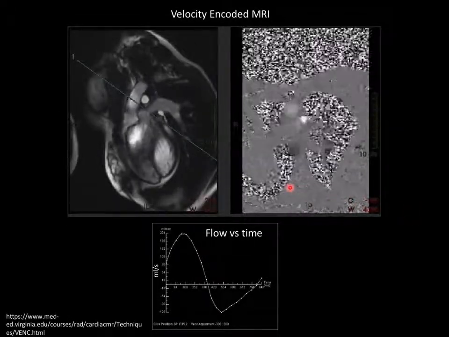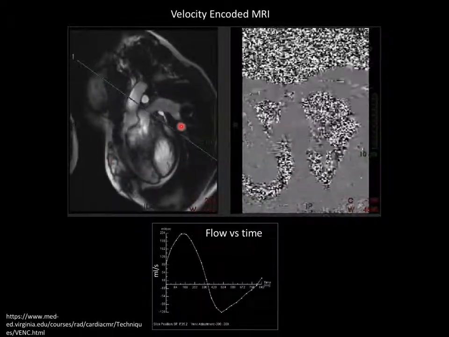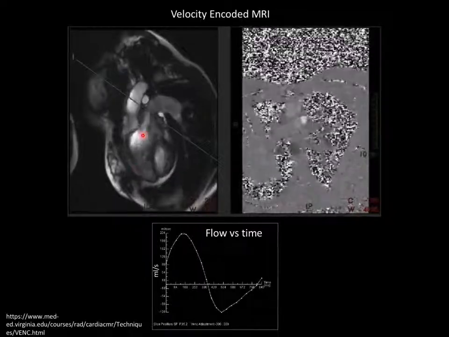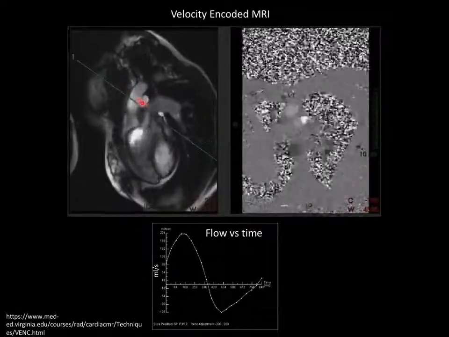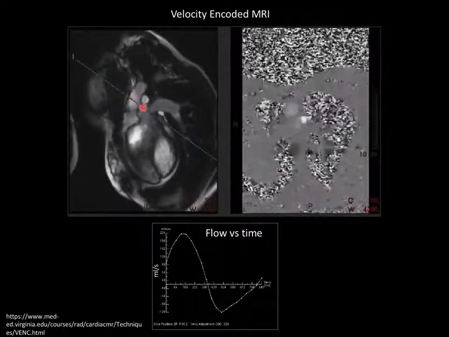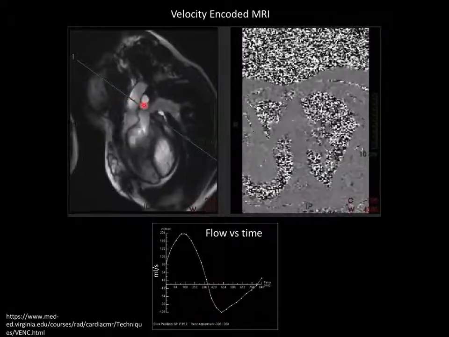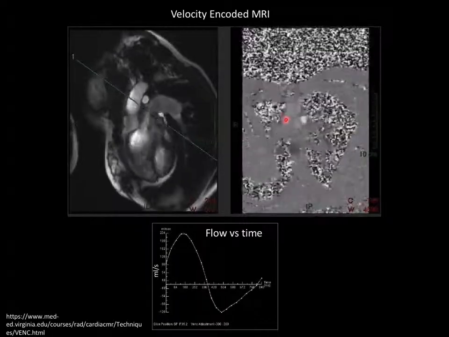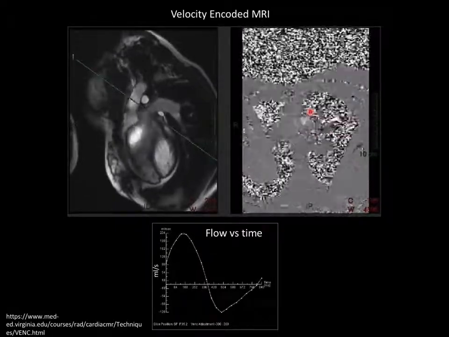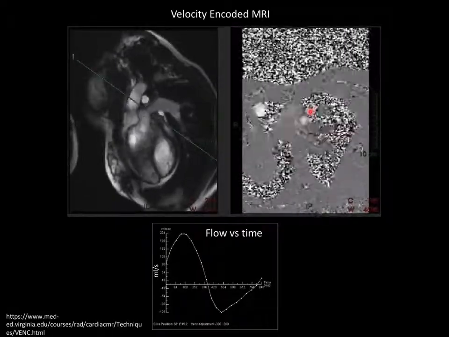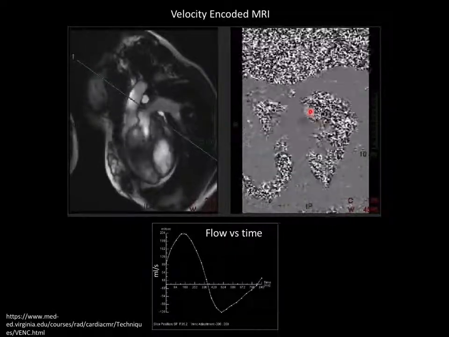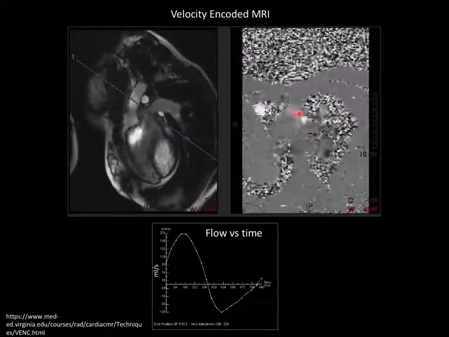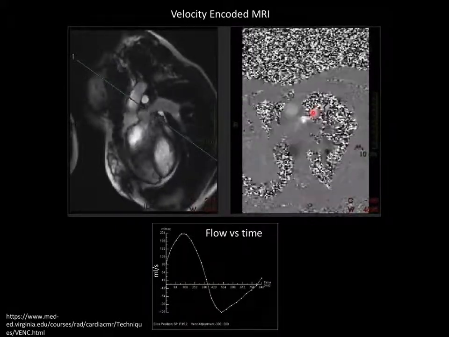And so here's an example where we have a cine acquisition of a patient's heart, and we're looking through a section of the outflow tract of the aorta. You can see the brightness and darkness here is the phase shift that accrues of those spins as they're moving through the slice when a bipolar gradient is applied, and the brightness is proportional to the velocity.